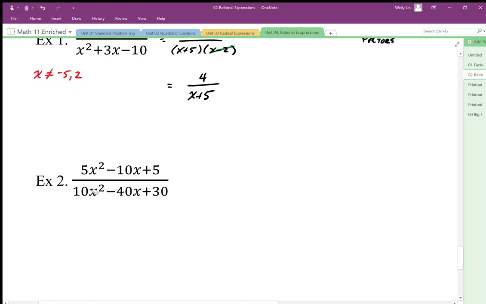For this one here, again, we need to factor this. This does have a leading coefficient. However, we should always think of factoring greatest common factor first. So there's a 5, 5, and 5. So I'm going to factor the 5 first. And this becomes a much easier quadratic to simplify. I'm going to factor out the common factor of 10 here.